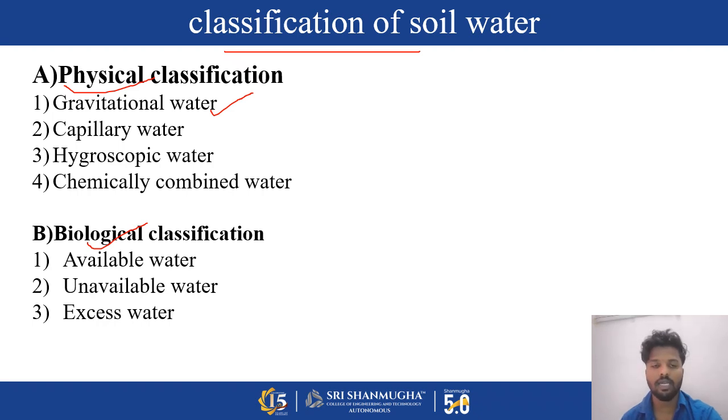Gravitational water occupies large, non-capillary pores, the macropores, immediately after heavy rain or irrigation, and saturates the soil.